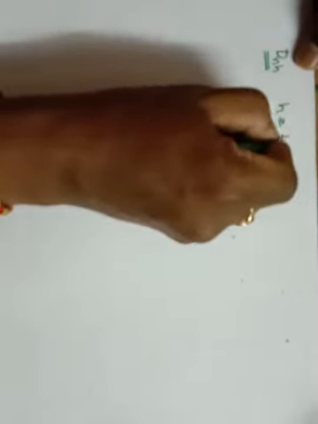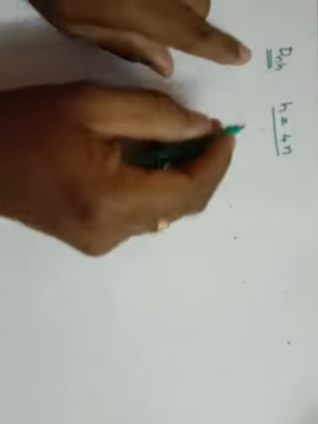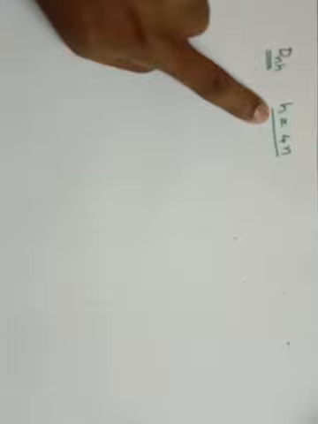The next point group we have is the Dnh point group. In case of the Dnh point group, the order of this point group is h equal to 4n. If a molecule comes under Dnh, the symmetry elements are calculated with the order, that is h equal to 4n.